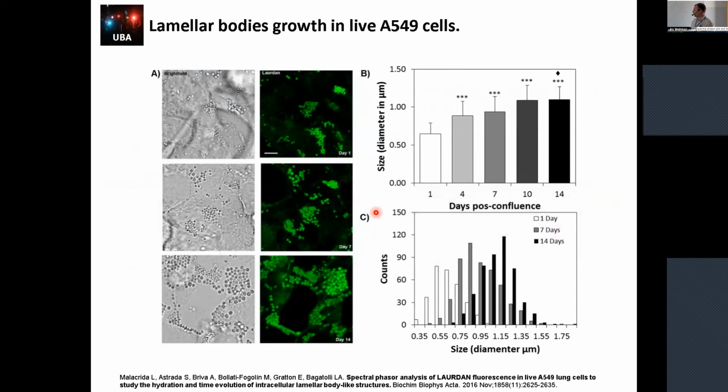So what we did is we used a particular type of cell. These are immortalized cells that produce organelles, these lamellar bodies, and we cultured them over time. And then you can see that the organelles increase in size over the time post confluency, and we capture the distribution. The distribution is heterogeneous, it's not really discrete.